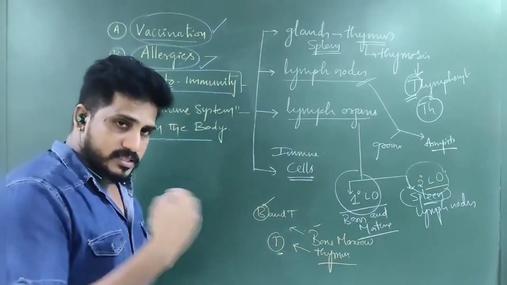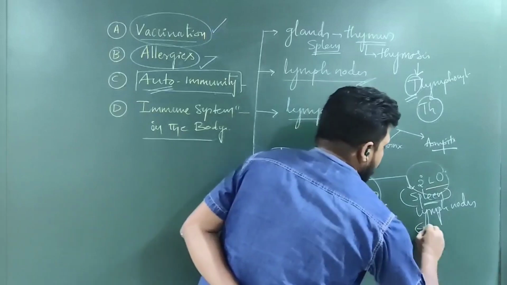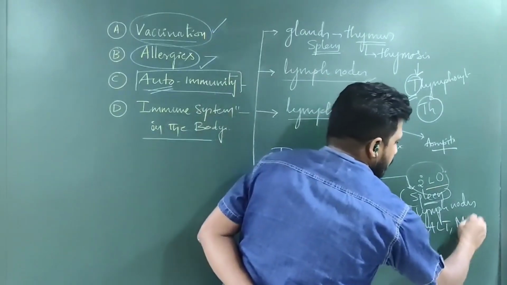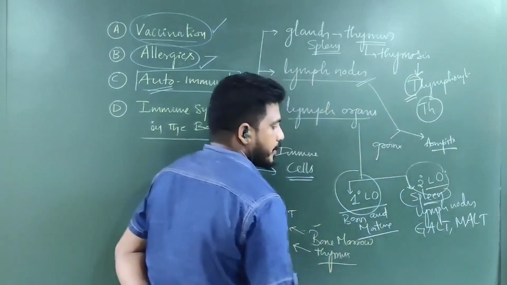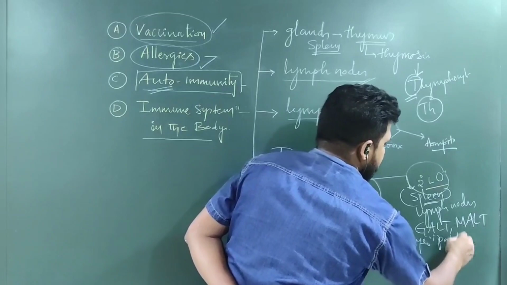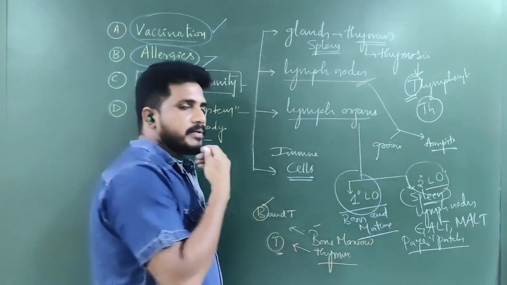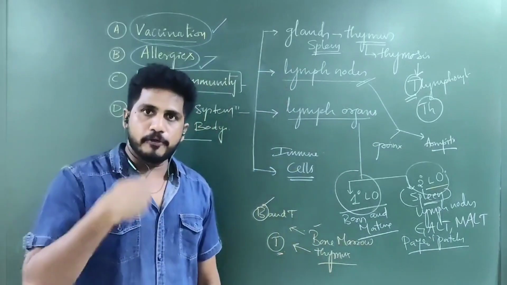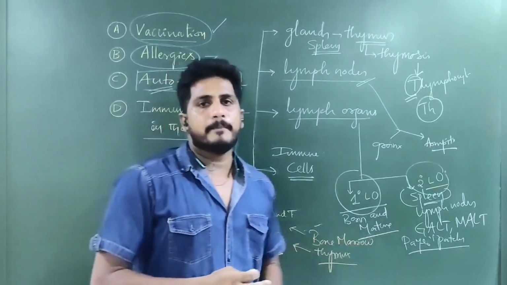In the secondary lymphoid organs, some other examples are gut associated lymphoid tissue and mucus associated lymphoid tissue. Next, Peyer's patches. What are Peyer's patches, guys? In the digestive system, the internal lining, with its Kerckring folds and crypts of Lieberkühn, are called Peyer's patches.